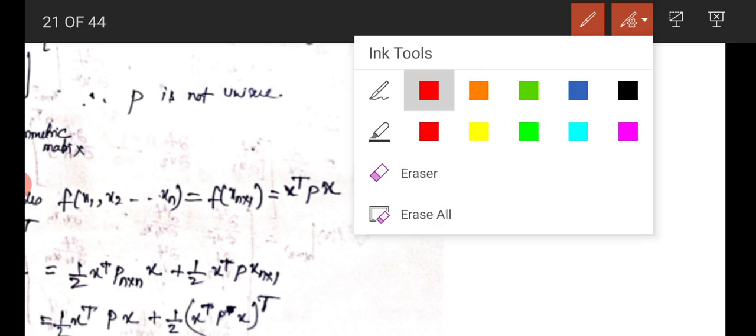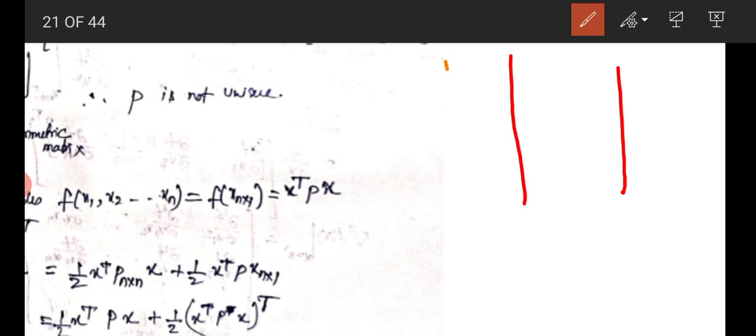Now come to the non-linear type. Whenever you are talking about a non-linear and constrained optimization problem, let's say our curve is non-linear and varying like this.